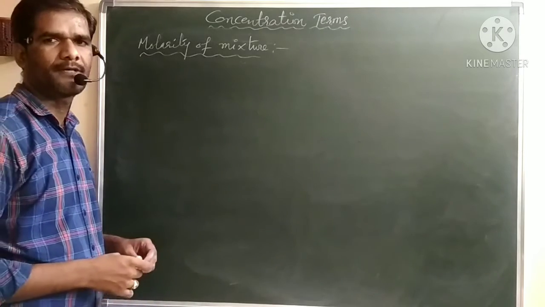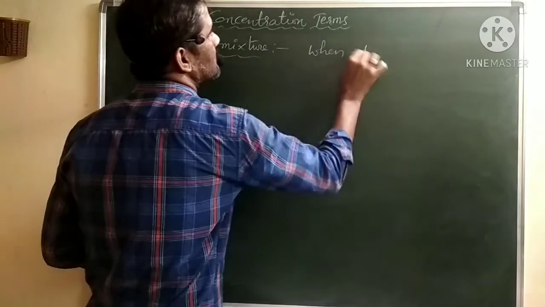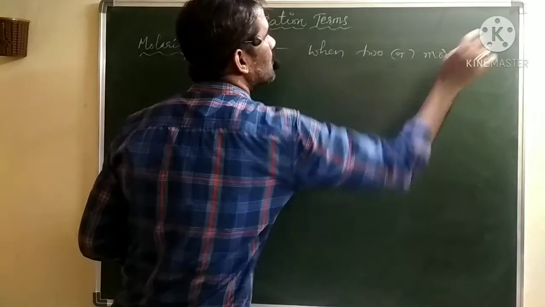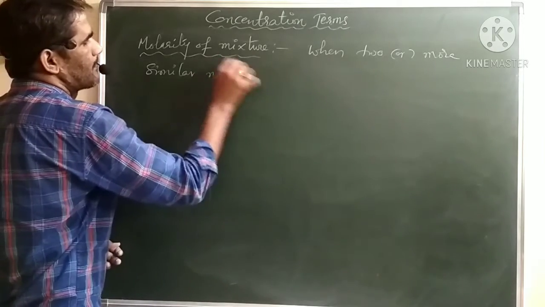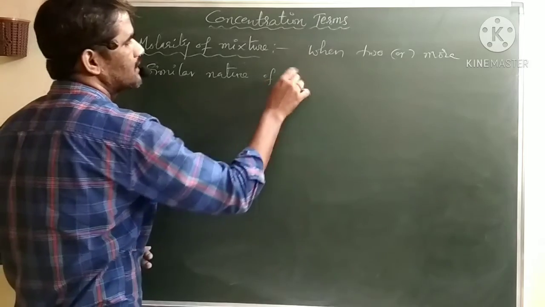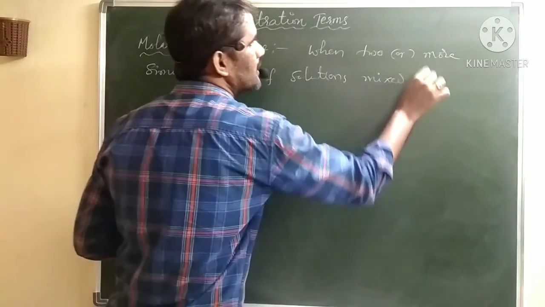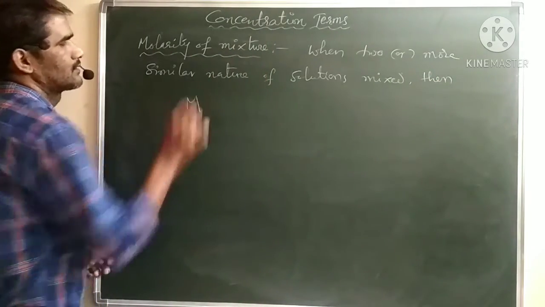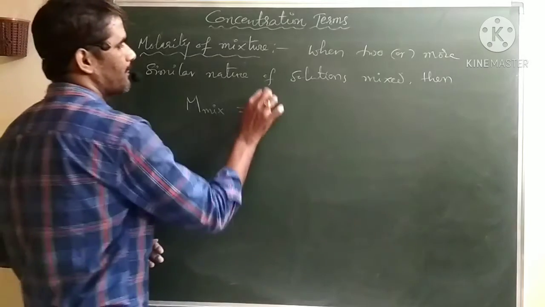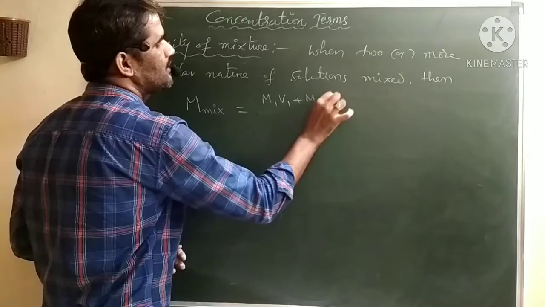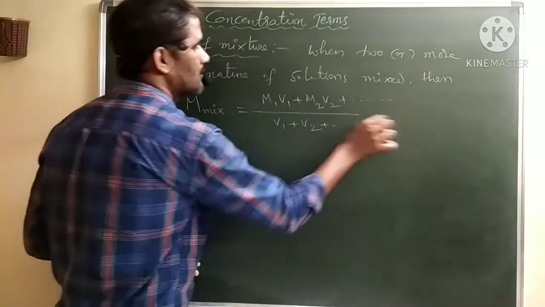When we have to take this molarity of mixture: when two or more solutions of similar nature are mixed, then the molarity of the mixture, or molarity of the resultant solution, is equal to M1V1 plus M2V2 plus M3V3 and so on, by V1 plus V2 and so on.